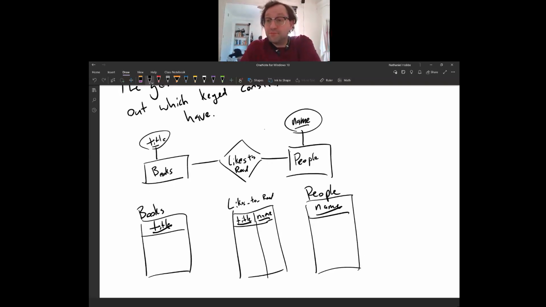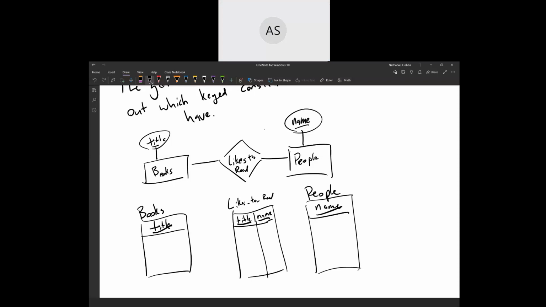Right, so in this case, it's both. Can you explain why it's both and not just one or the other? Because in that table, you'd want unique combinations of title and name, right? You wouldn't want repeats in that table.